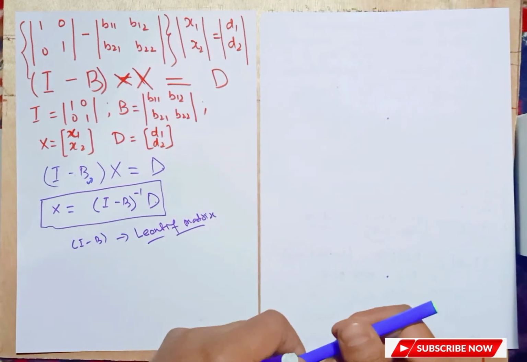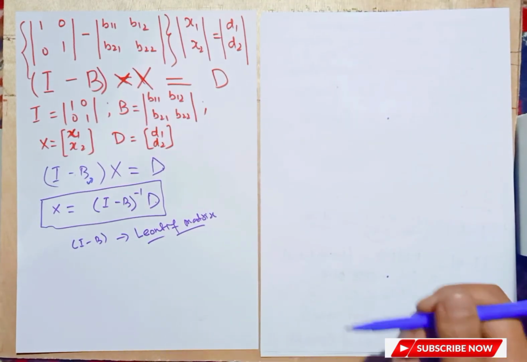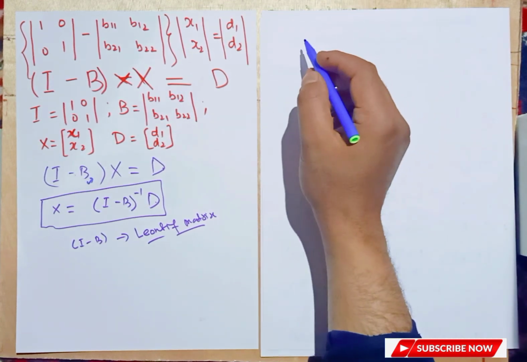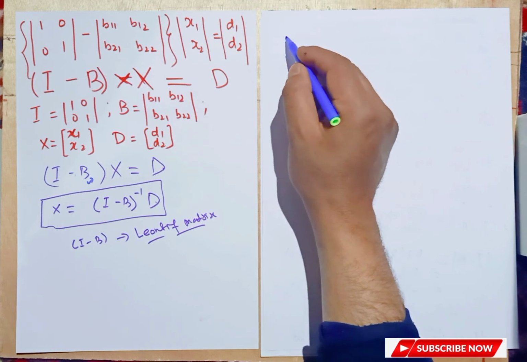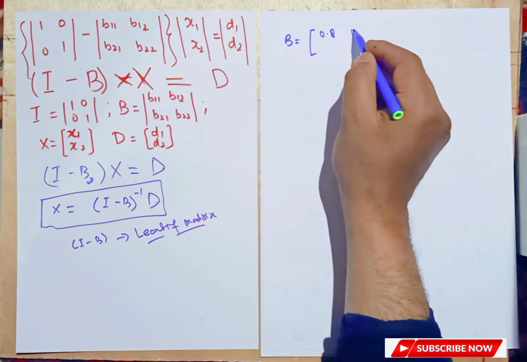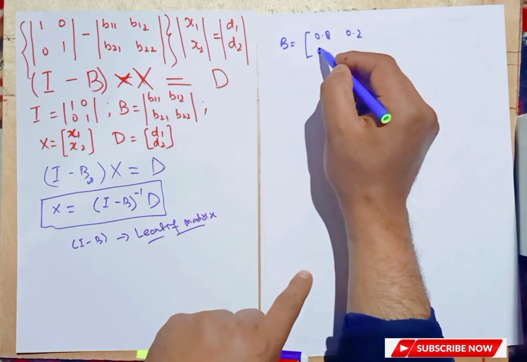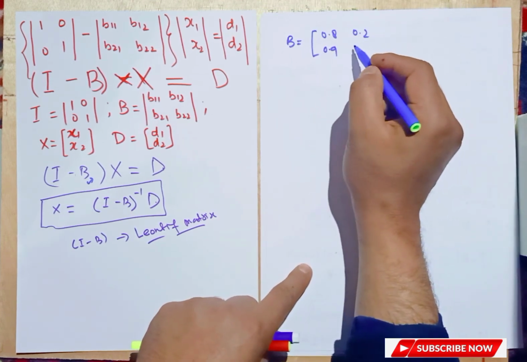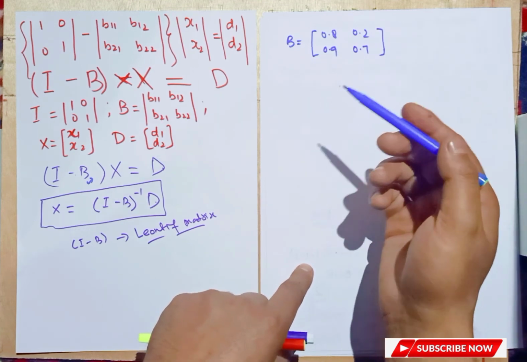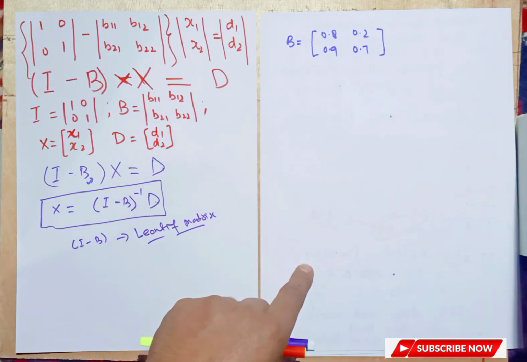Now let us check the Hawkins-Simon conditions. Let us say we are given a technology matrix B equal to 0.8, 0.2, 0.9 and 0.7. So we have to check the Hawkins-Simon conditions on this technology matrix.